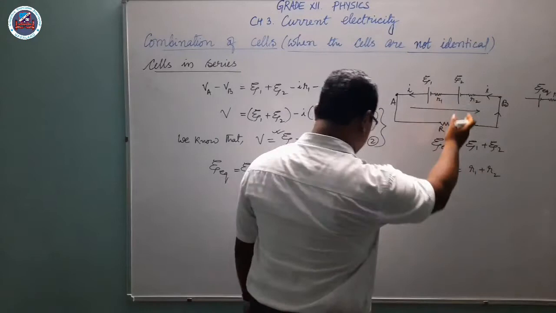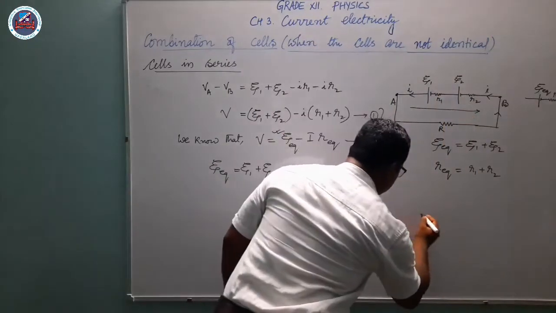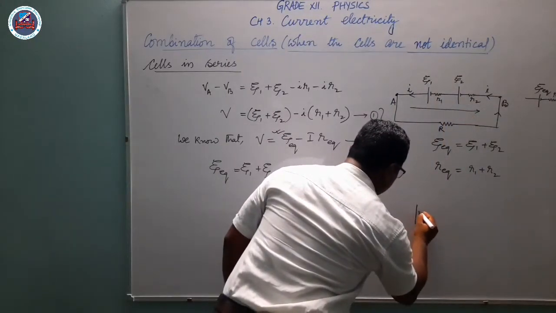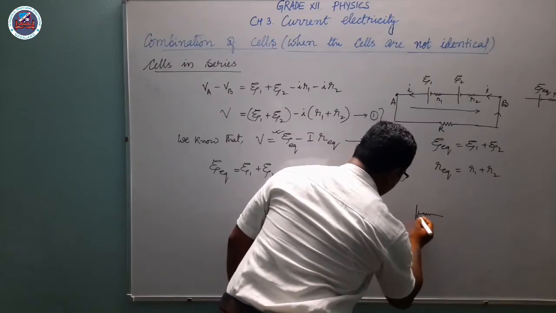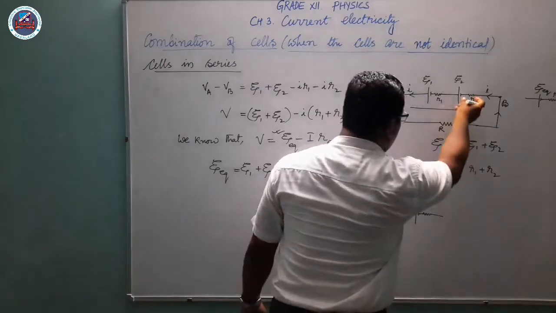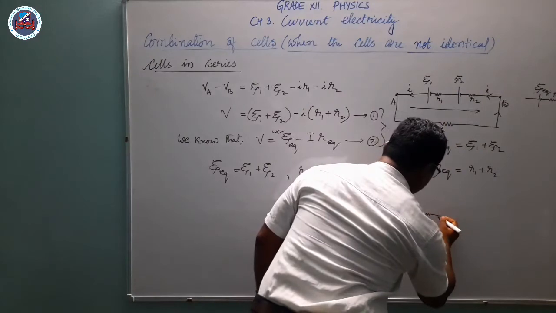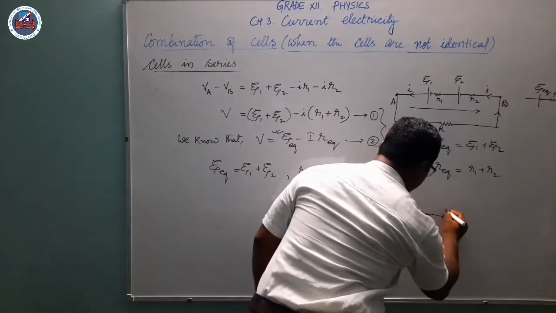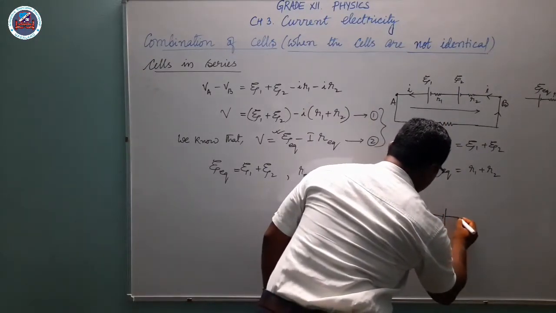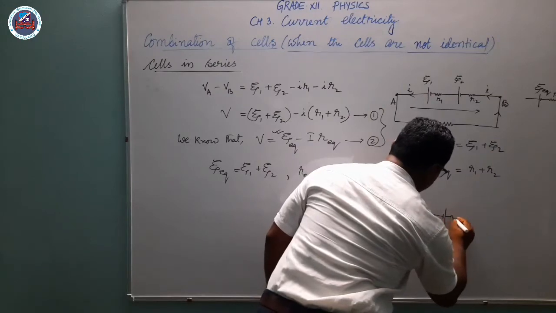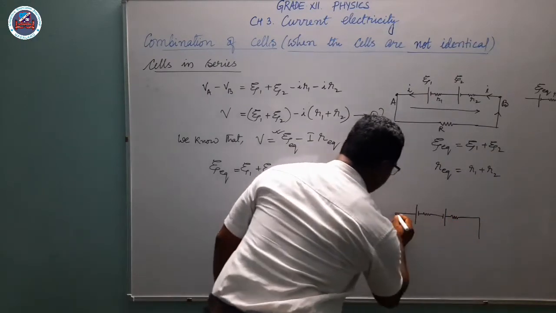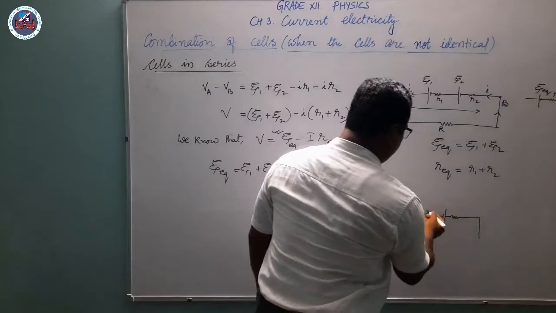But in the second case, suppose this is the positive polarity, like this, and one cell's terminal has changed. Suppose this side became negative and this side is positive. It is still in series connection, but the polarities are not pointing in the same direction.